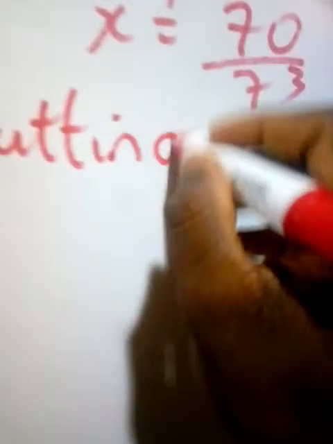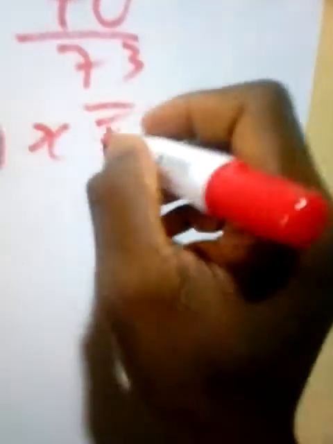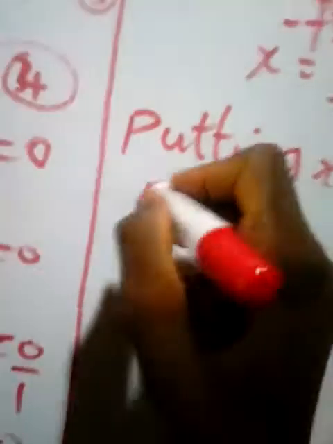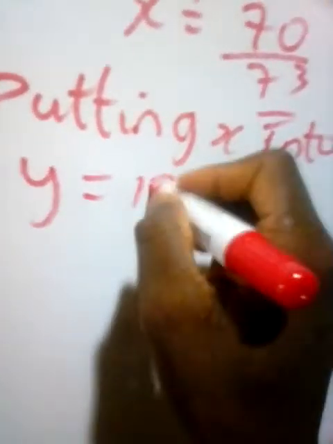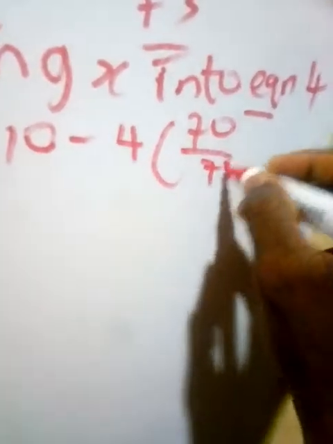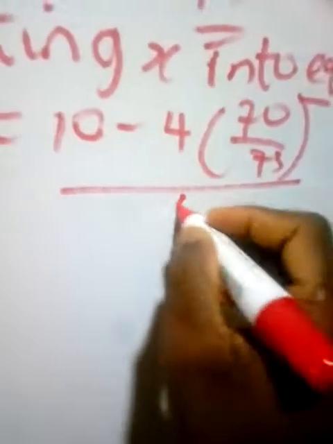Now, substituting this into my equation 4, putting my x into equation 4, that gives me my y to be equal to 10 minus 4, what's my x, 70 over 73, all over 3.